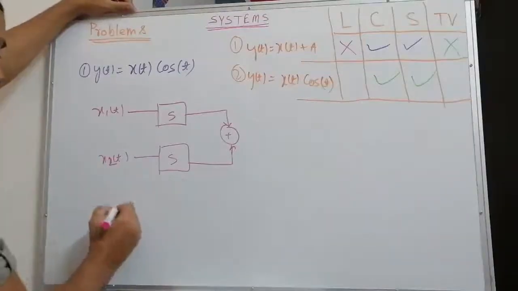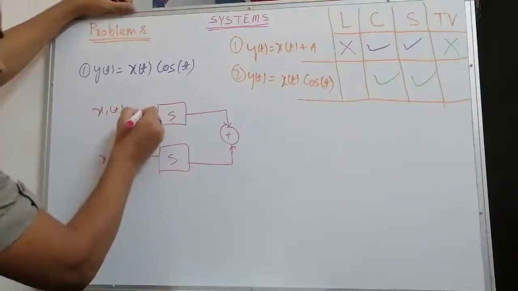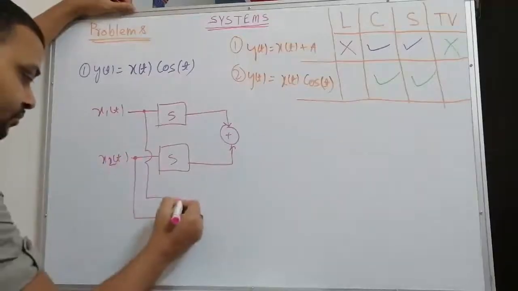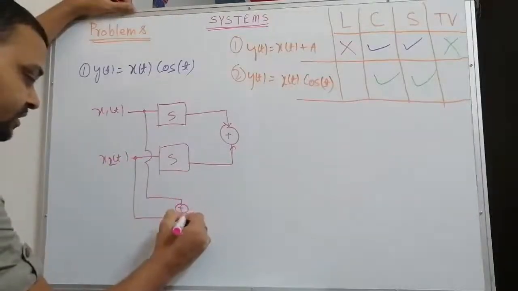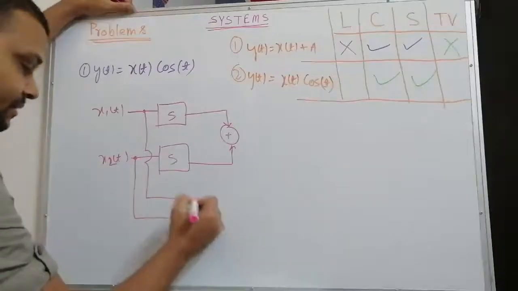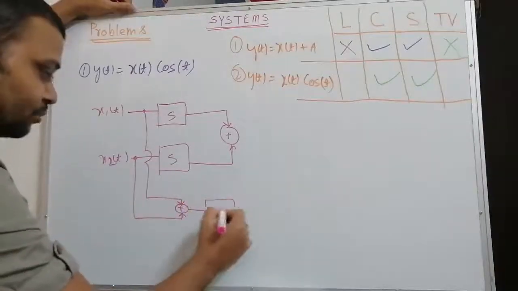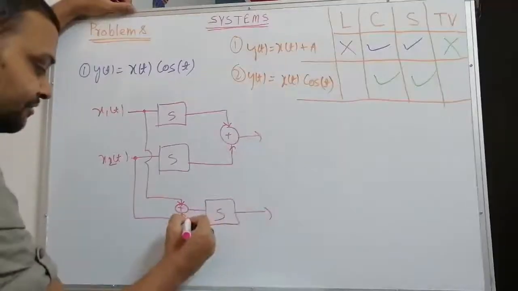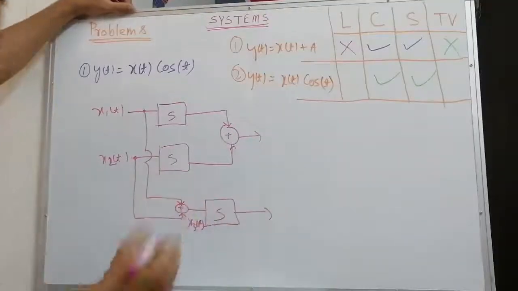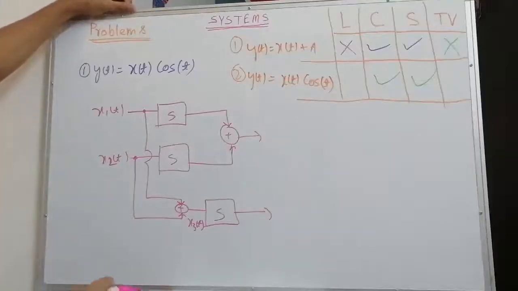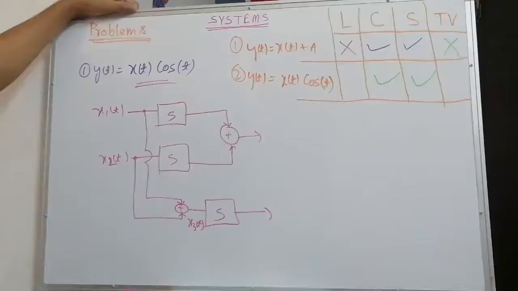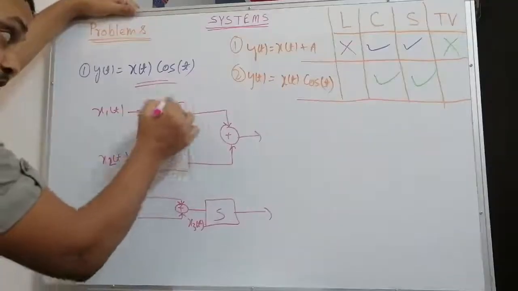Then we take these inputs and provide them to a sum, and the addition of these we provide to a system, which gives some output; here we denote the input as x3(t). Now the system is following this rule. What will be the output of the system?